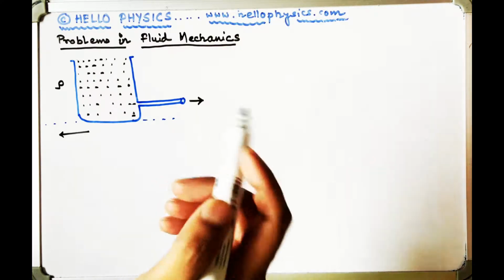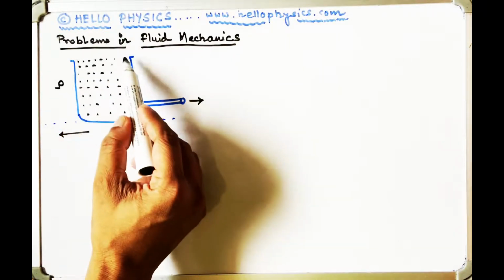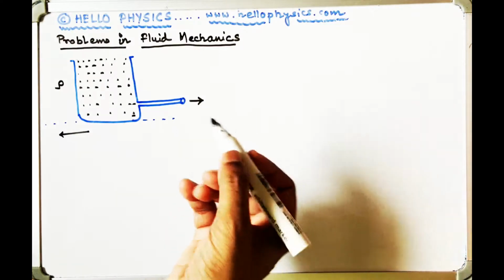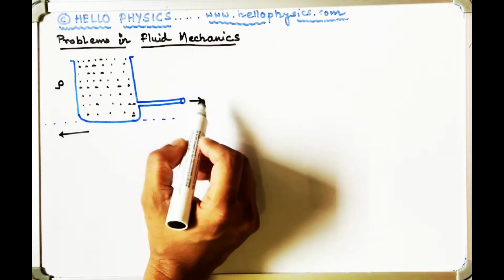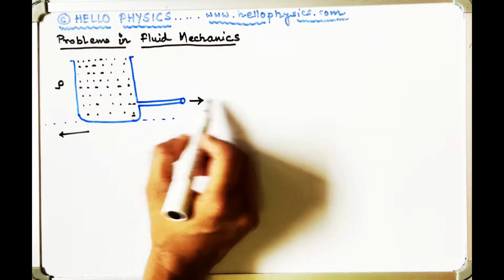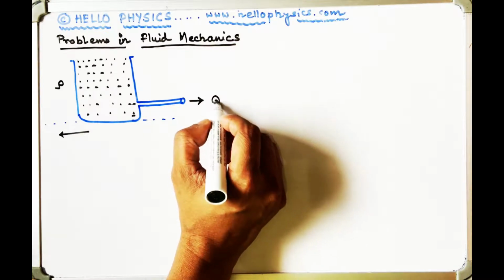So, in this problem, instead of providing the height up to which the liquid is present, the information given to you is that the rate of flow of the fluid out of the container through this pipe is equal to Q. Okay?